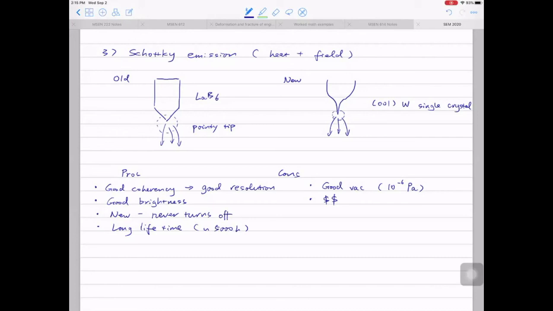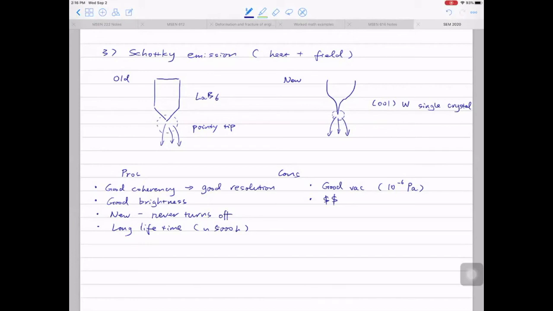To get extremely high vacuum, like 10 to the minus 9, you need an ion getter pump. Basically, you're doing sputtering. You're sputtering titanium ions, and titanium ions will just grab oxygen and nitrogen air molecules and then deposit on the other side. So it's a number of pumping systems working together, getting you to a very good vacuum.